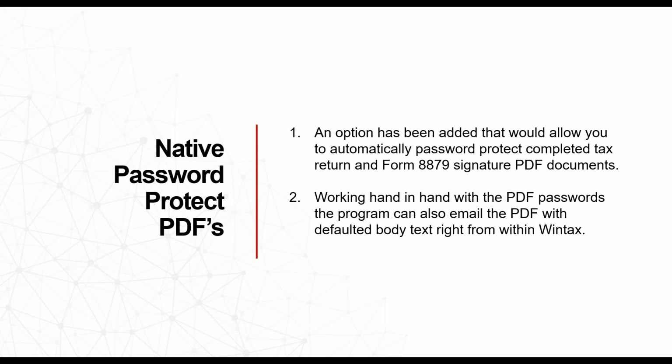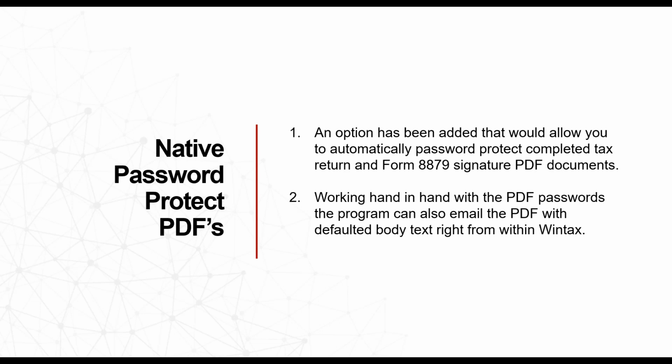Another cool feature that we added to the program this year is native password protect for PDFs. An option has been added that allows you to automatically password protect your completed tax returns and your 8879s and things.